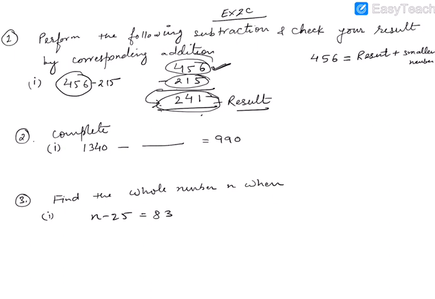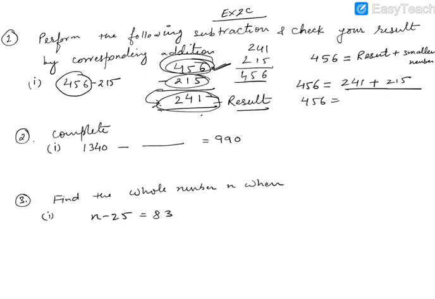The bigger number is 456, the result is 241 and the smaller number is 215. So add 241 and 215. 5 plus 1 is 6, 5, 4. If you add these two numbers, you will get 456. Now you can see that both the sides are equal, so it is verified.